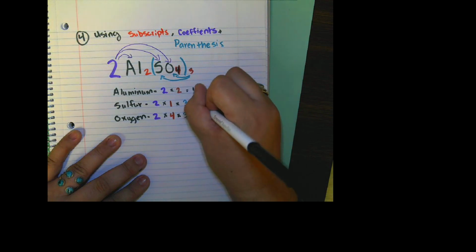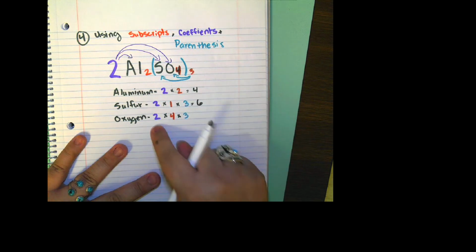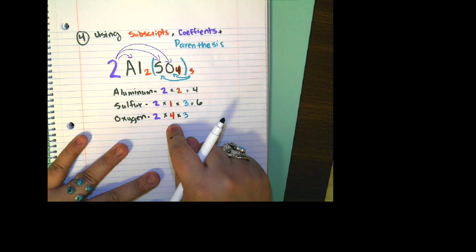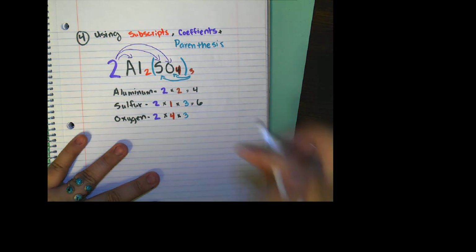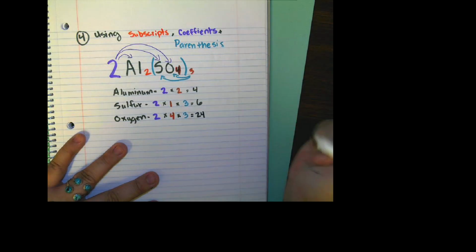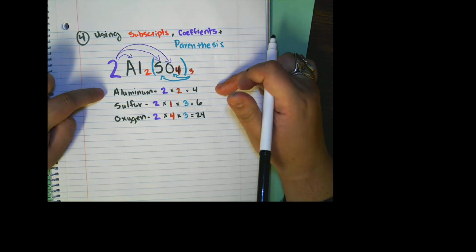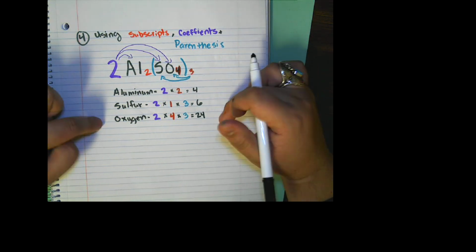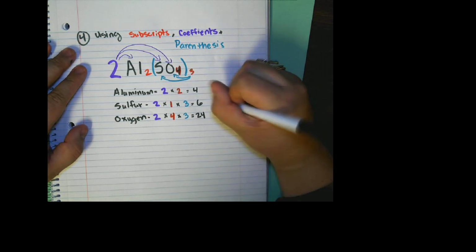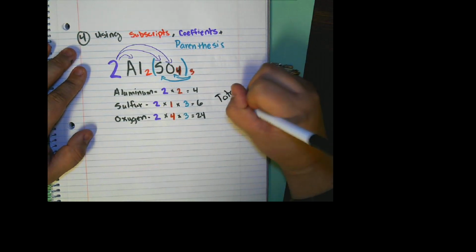We have 6 sulfurs. And then oxygens, 2 times 4 is 8. 8 times 3 is 24. So overall, in this chemical formula, we have 4 aluminums, 6 sulfurs, and 24 oxygens. So our total for this would be 34 atoms.